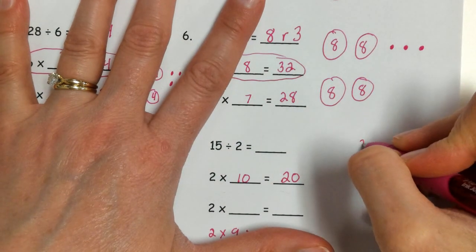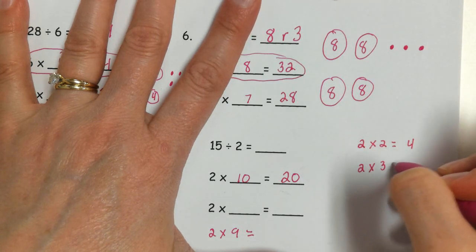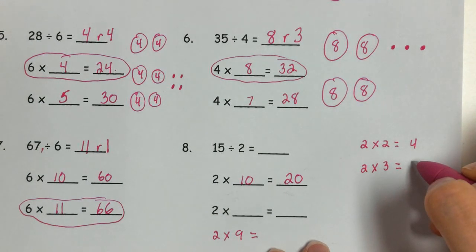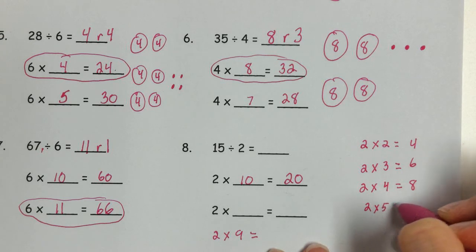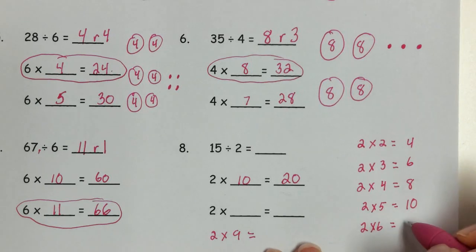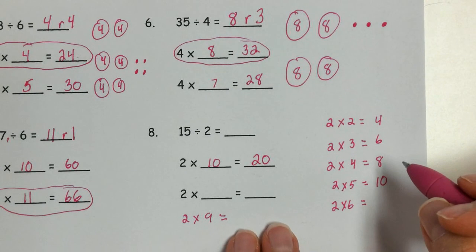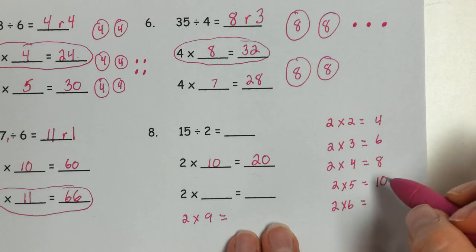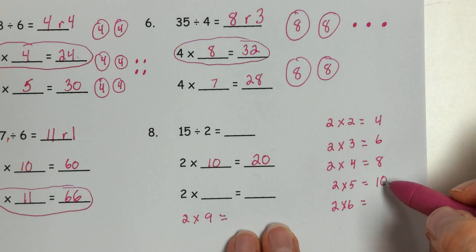Okay, so 2 times 2 is 4. 2 times 3 is 6. 2 times 4 is 8. 2 times 5 is 10. 2 times 6... 18.